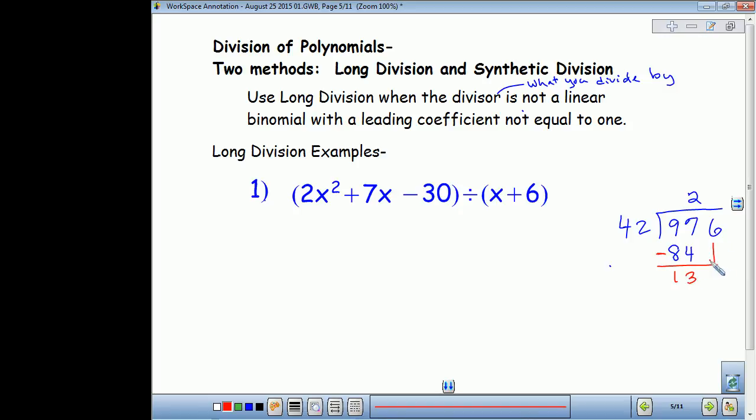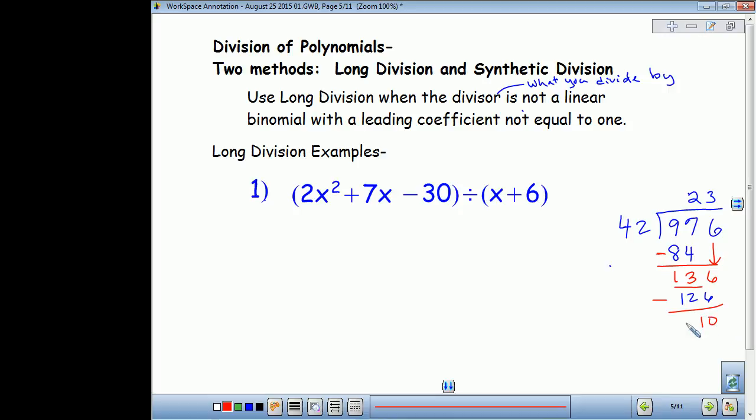And then did you bring this down? Okay. And then you said 4 goes into 13. How many times? 3. And then you multiplied, and you got... And then what did you do? You subtracted, and you got 10.